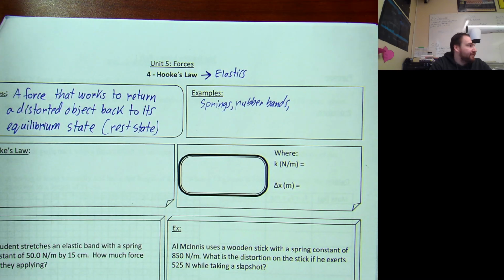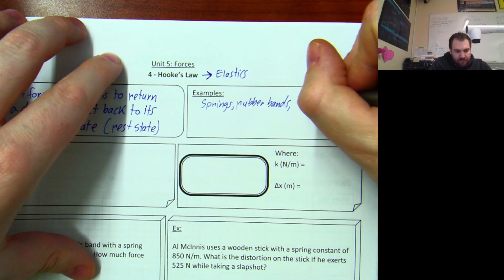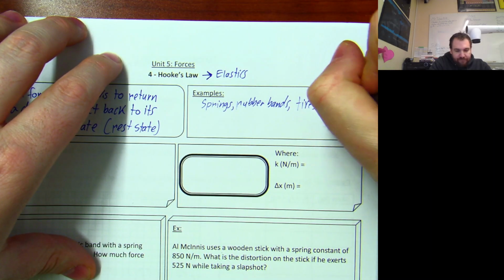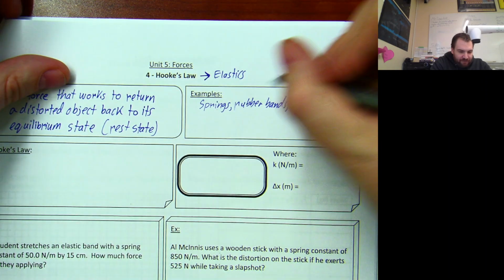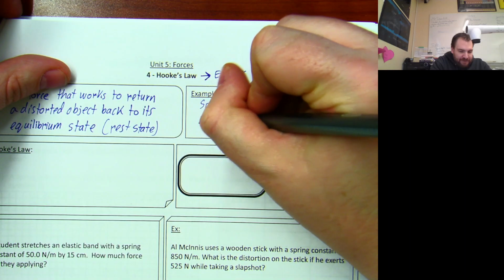This is another word for that. Tires, sure. Not really. Some of them are so small that we can't talk about them having an elastic force. Like a rubber ball. We like rubber balls. Or like a bouncy ball. I'm going to call it a bouncy ball.